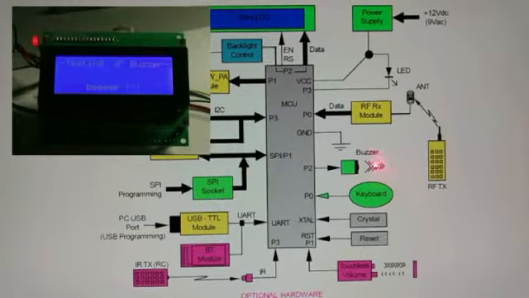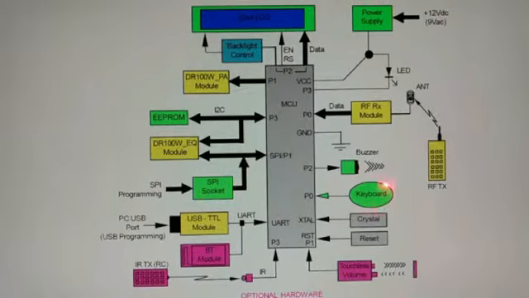That kind of beep interacts with the user: when he presses any key, he hears the beep, which means the key press was successful. So we included the buzzer here as a means of communication to the user.